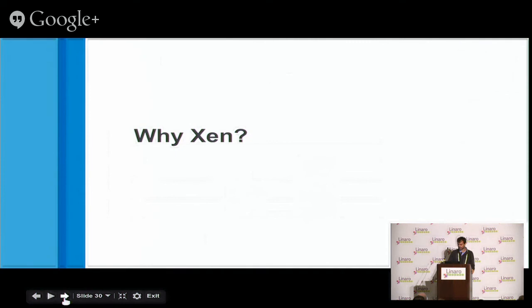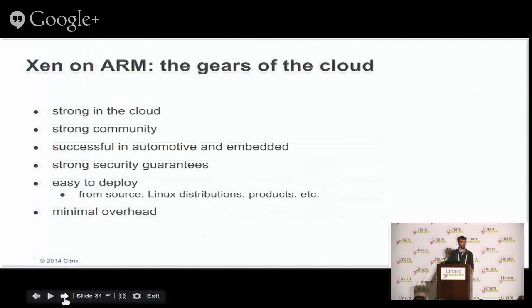So this is the end. Why use Xen on your ARM servers? Because Xen is already very strong in the cloud, has a very healthy and strong community, and uses the hypervisor in several different markets, already successful in segments such as automotive and embedded. Xen gives you the strongest security guarantees among all hypervisors.